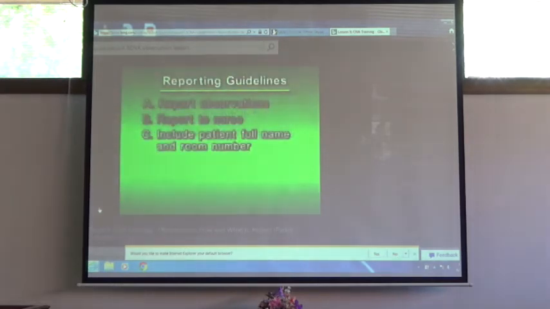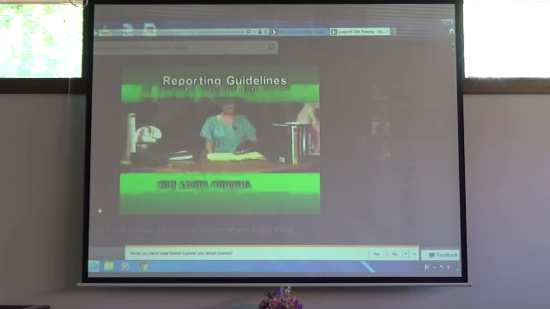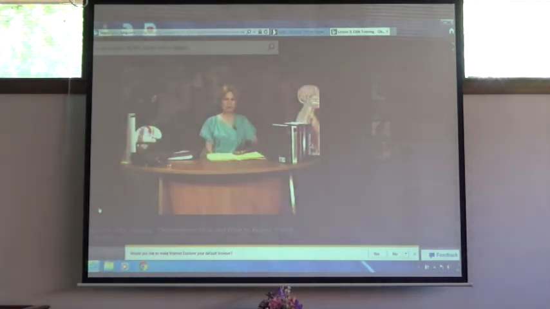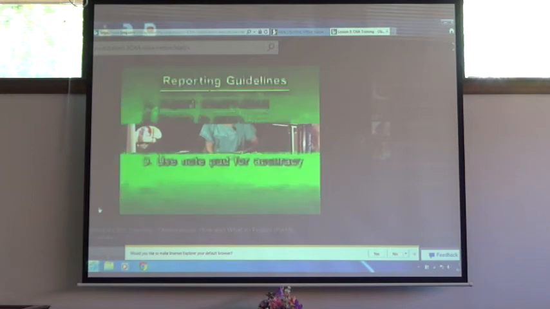When you report to the nurse, be sure to use the patient's full name and room and bed number to be certain that the information is accurate and is received by the nurse about the patient that you want to be certain that it is reported from.